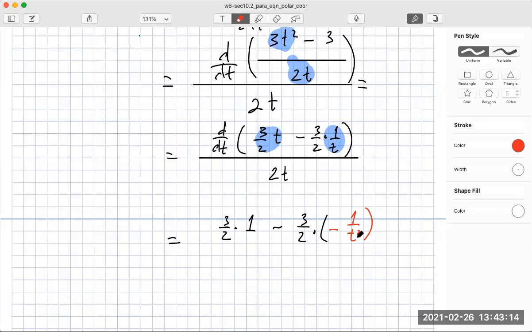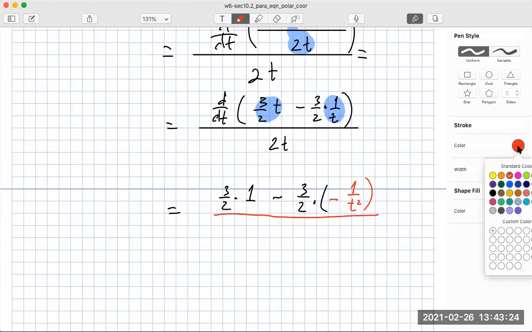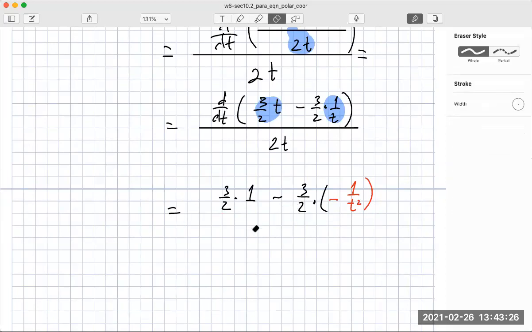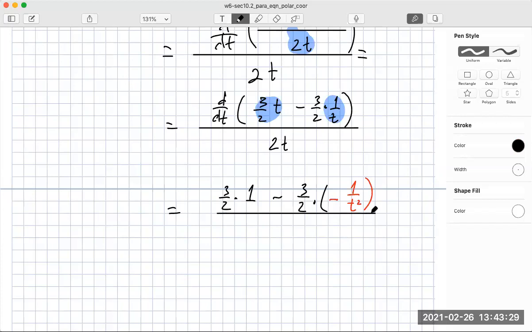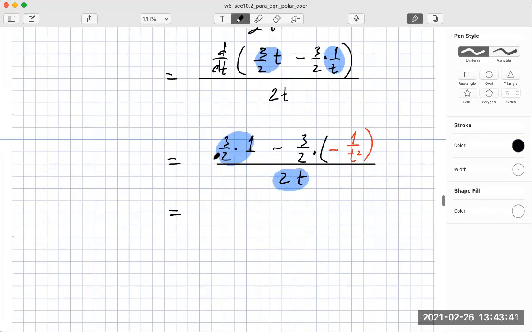So, therefore, the denominator here is 2t. Just rewrite it. So again, the same story. This is a number divided by 2t, right? And what do we have if we take 3/2 divided by 2t?